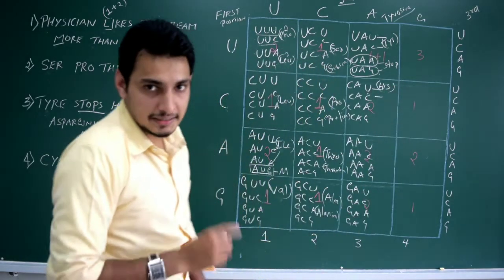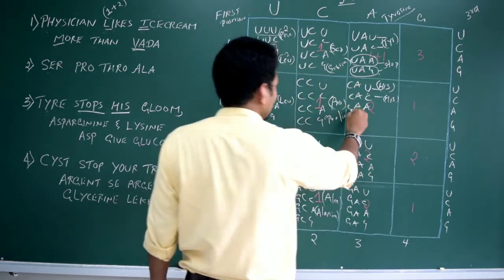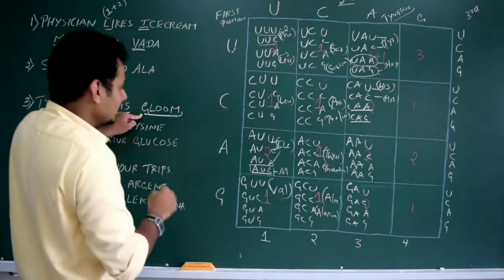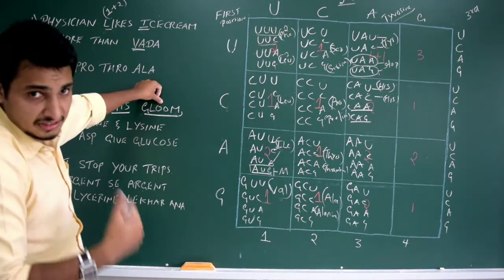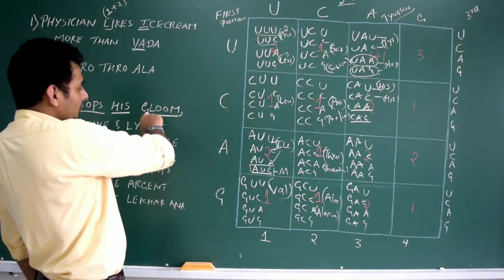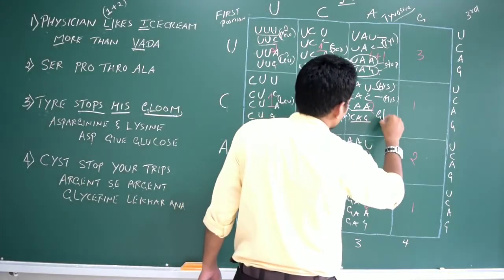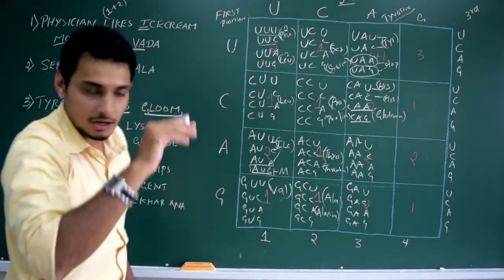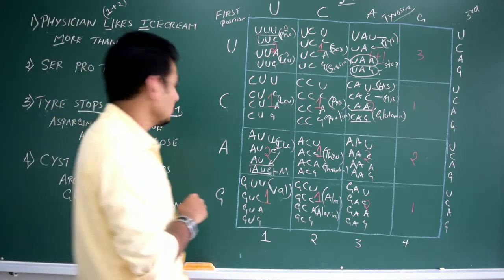The remaining amino acid, coded by CAA and CAG, is glutamine. I used M here; I inserted this word even though this statement doesn't make any sense. So we write glutamine. CAA, CAG codes for another amino acid called glutamine.